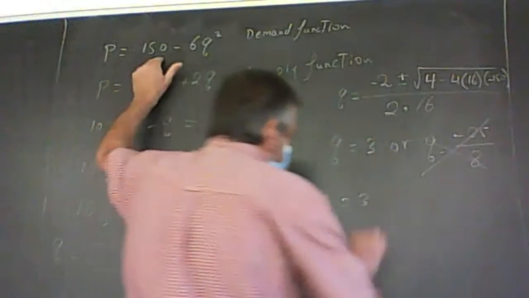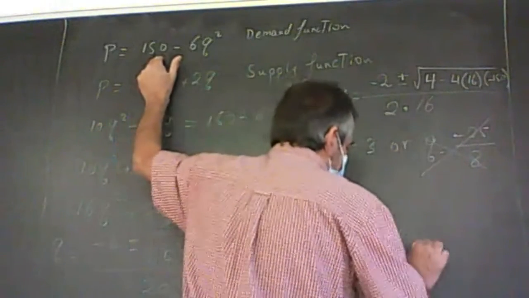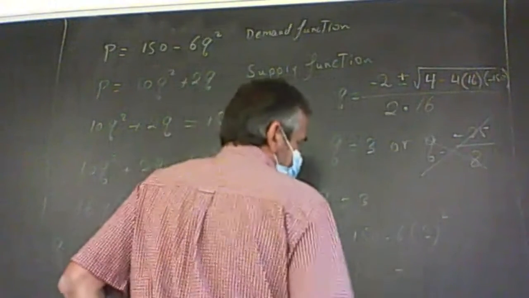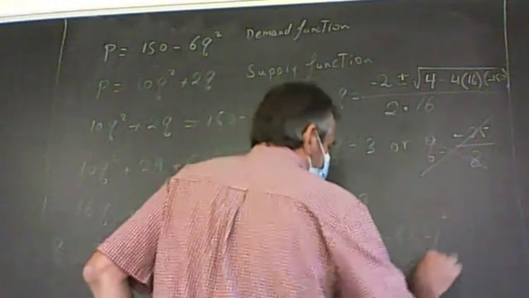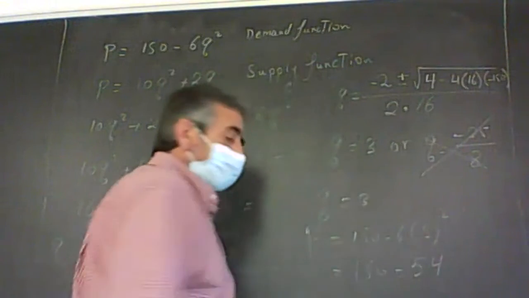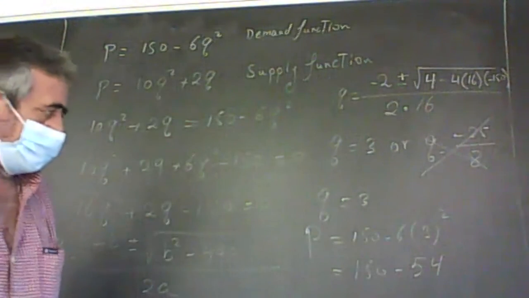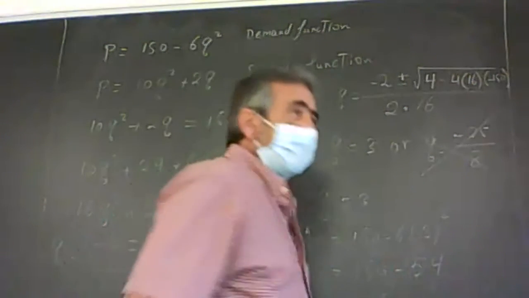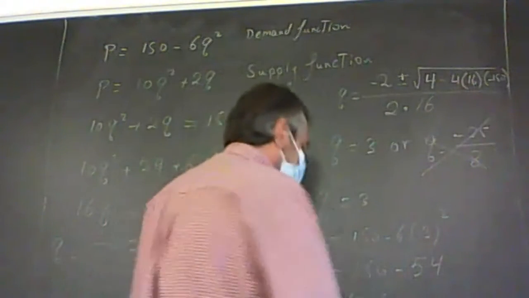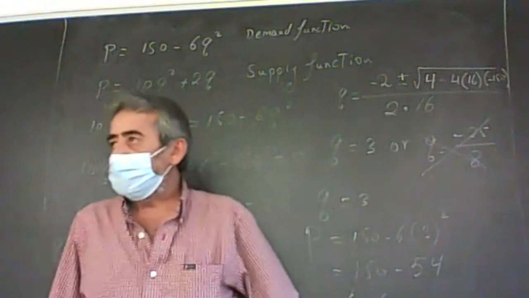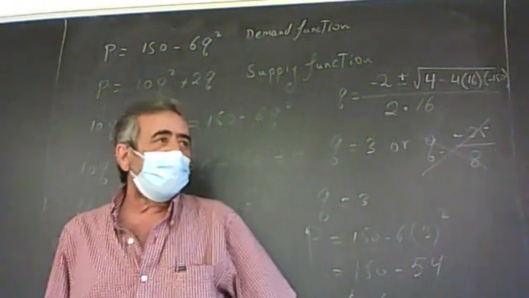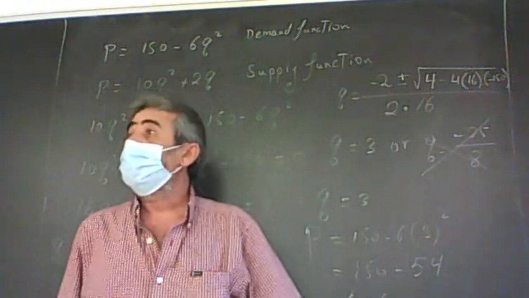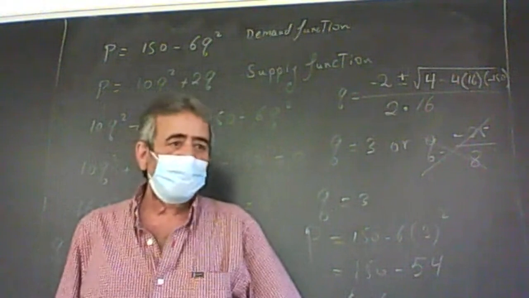So we have 150 minus 6 times 3 squared, 150 minus 54, that's equal to 96. So the price is $96, and the demand and the supply would be 300, and this is the equilibrium point.